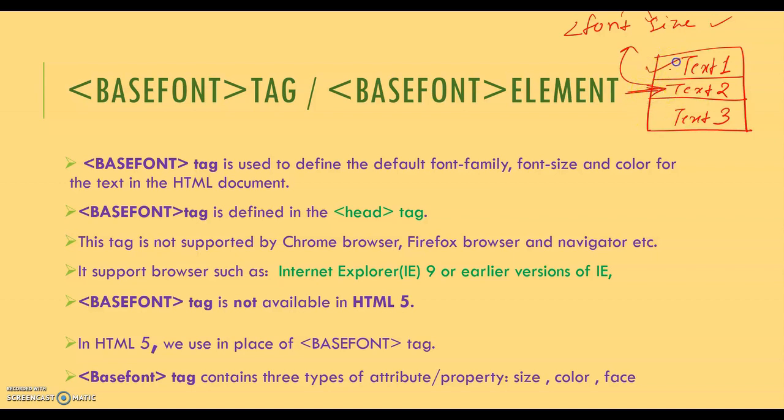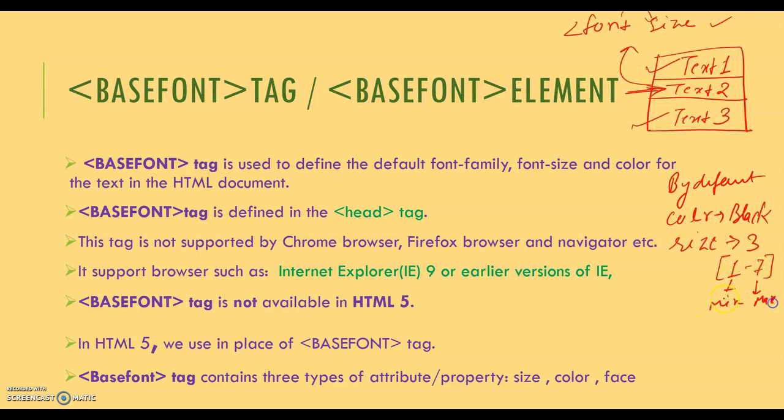But what about text 1 and text 3? Text 1 and text 3 hold the default color. As you know very well, the default color of the text is black. The default size of the text is 3, which ranges from 1 to 7, that is minimum to maximum.